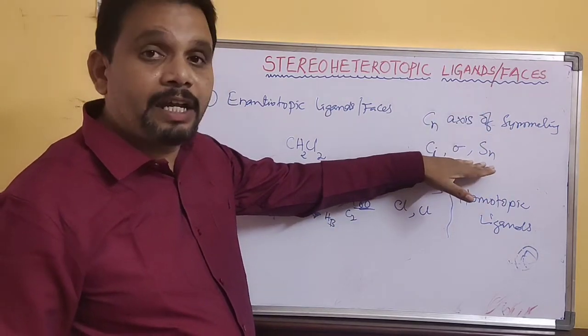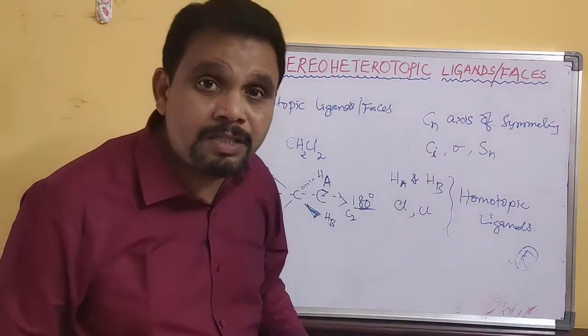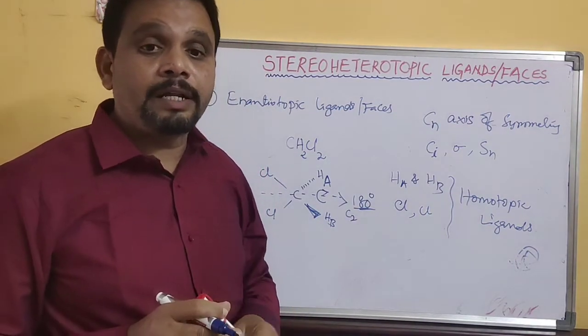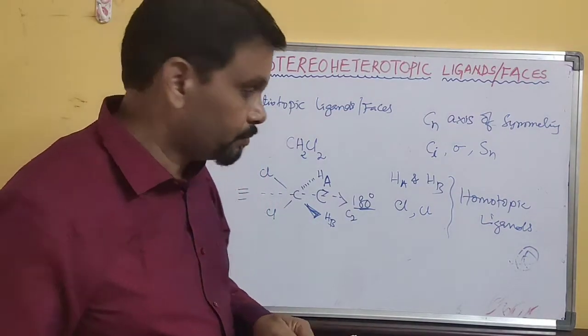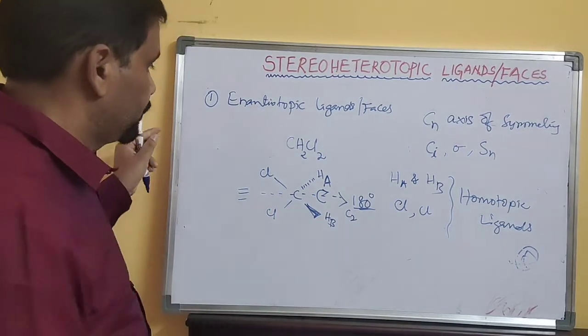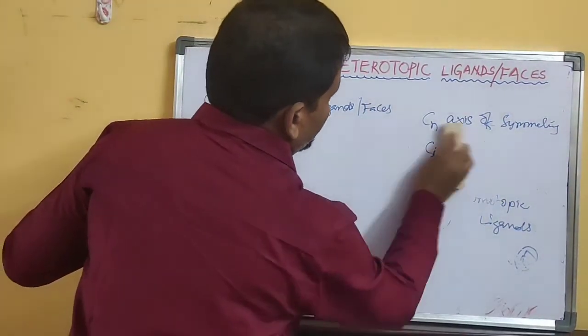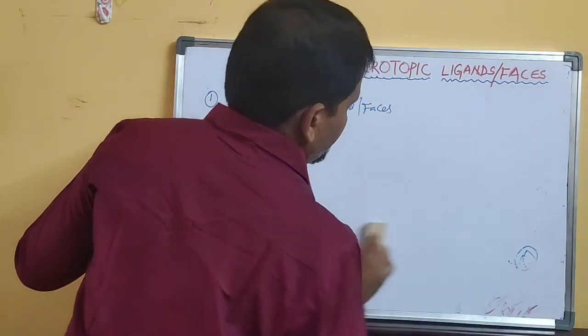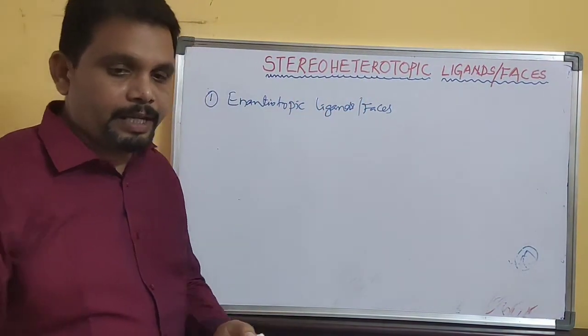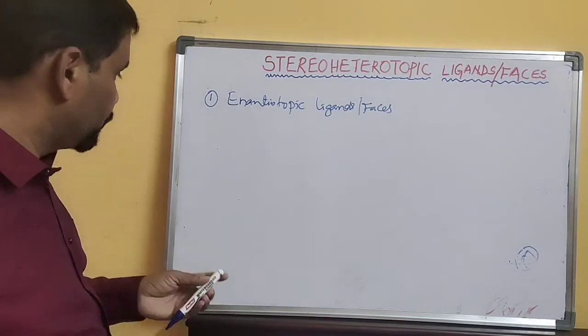If it is by these secondary kinds of symmetry elements, they can be considered as heterotopic or enantiotopic ligands. So the second example has homotopic ligands, and the first example has heterotopic ligands. I'll give you one more example.